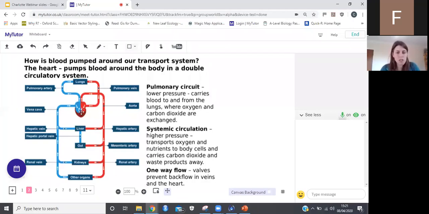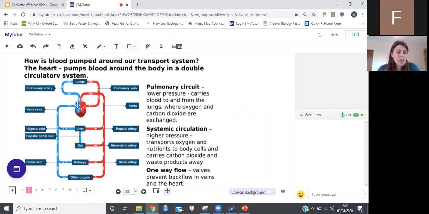This is the heart in the middle here. And the heart is essentially a big ball of muscle that provides a huge amount of power sending the blood off around the body, and we're going to talk more about that in a minute. But the general structure of our transport system and our blood vessels is in what we call a double circulatory system.